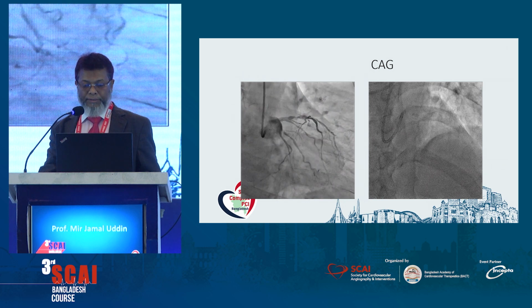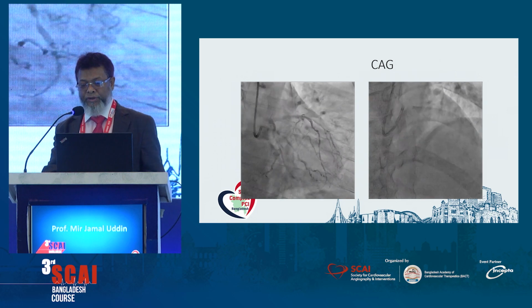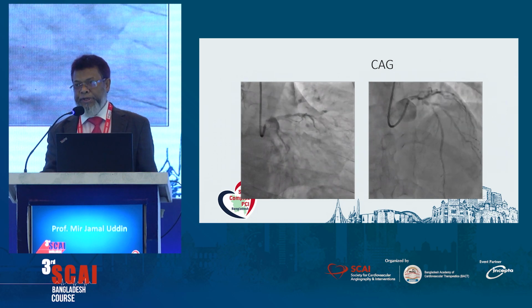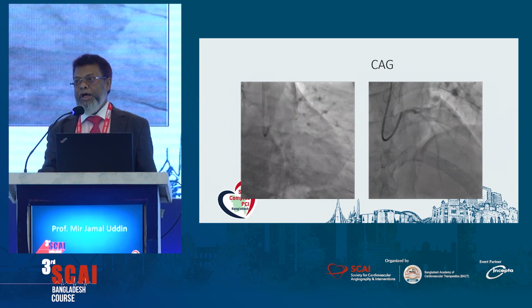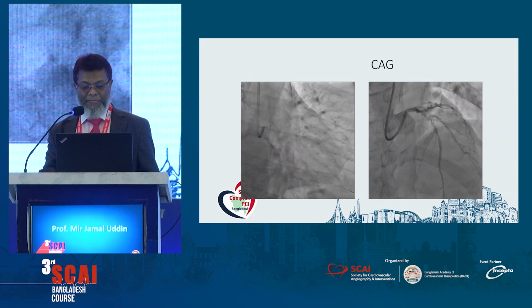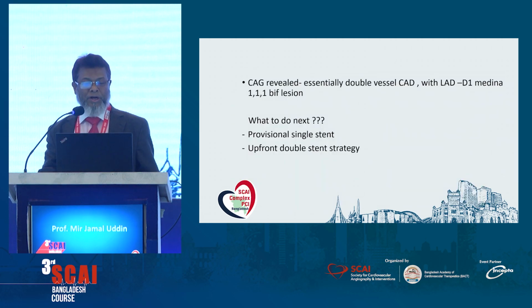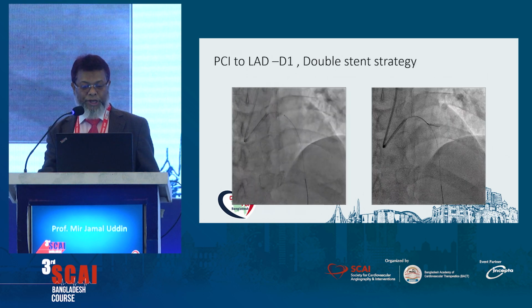This is the LAD diagonal lesion, a diagonal ostial critical lesion, diagonal length more than 70 millimeter, diameter almost 2.89 on IVUS, and the coronary angiogram also showed one lesion.